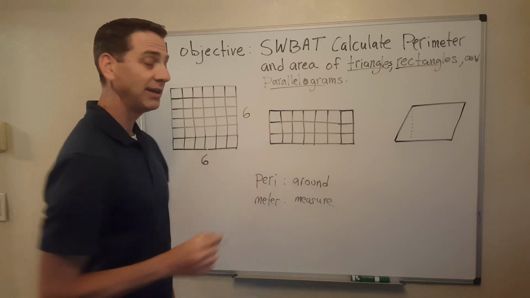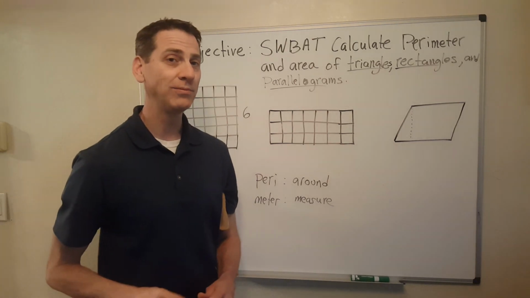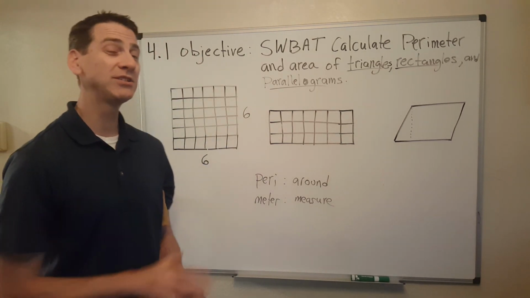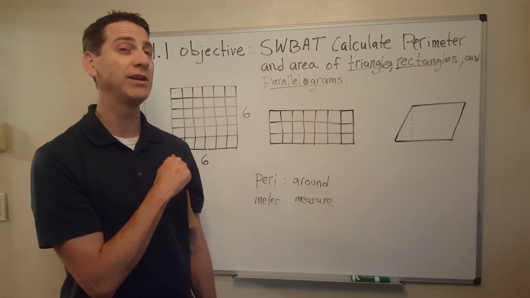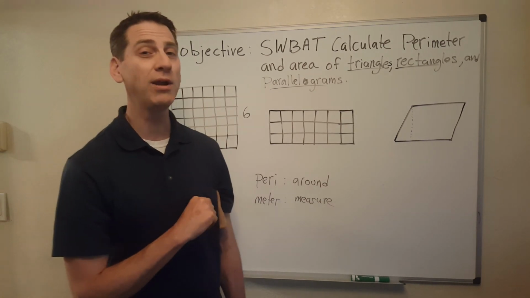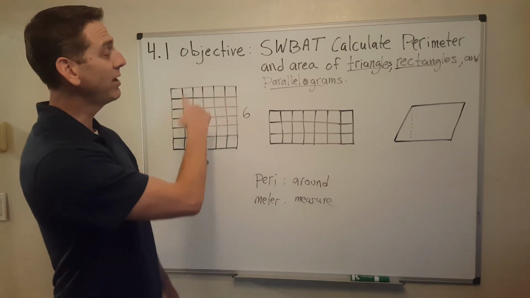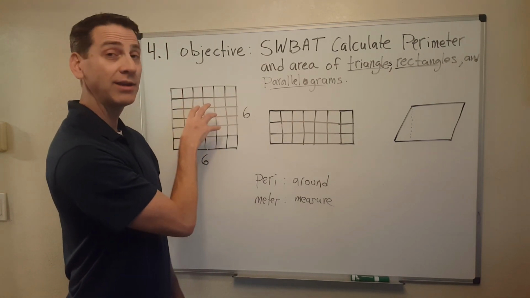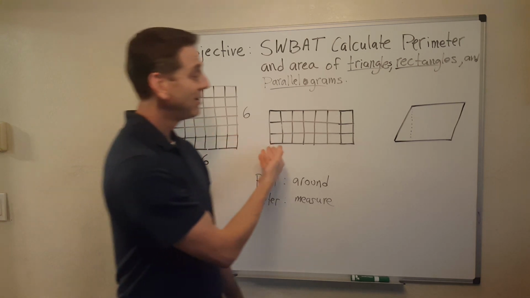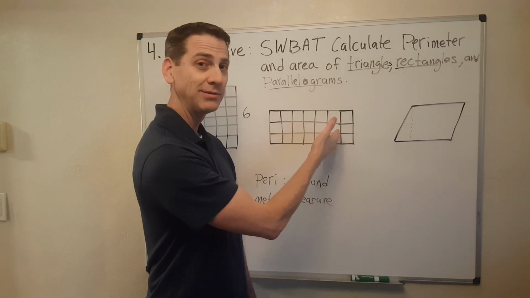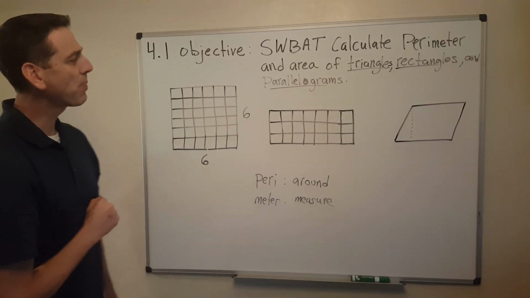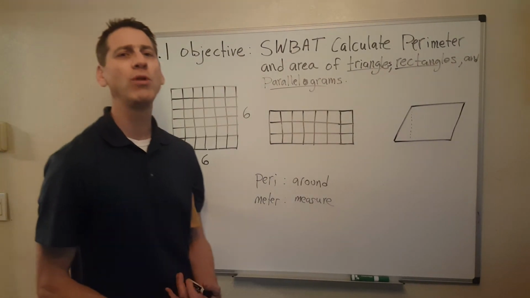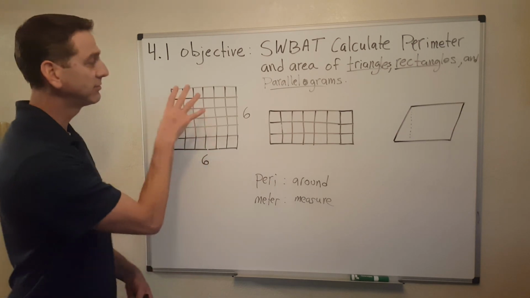So this is a 6 by 6 rectangle, which makes it, we have a very special name for a rectangle that has equal sides. You know what it is? It's called a square, right? All squares are rectangles, but not all rectangles are square. Pretty deep, huh?